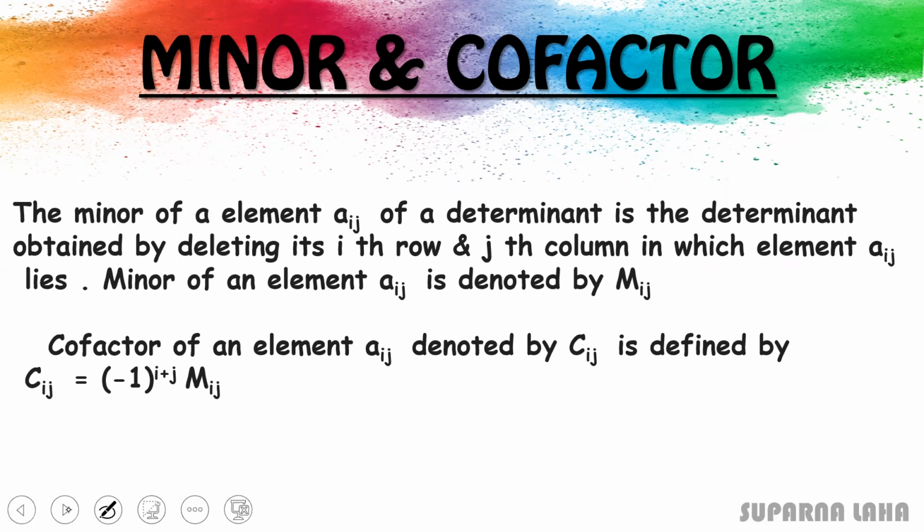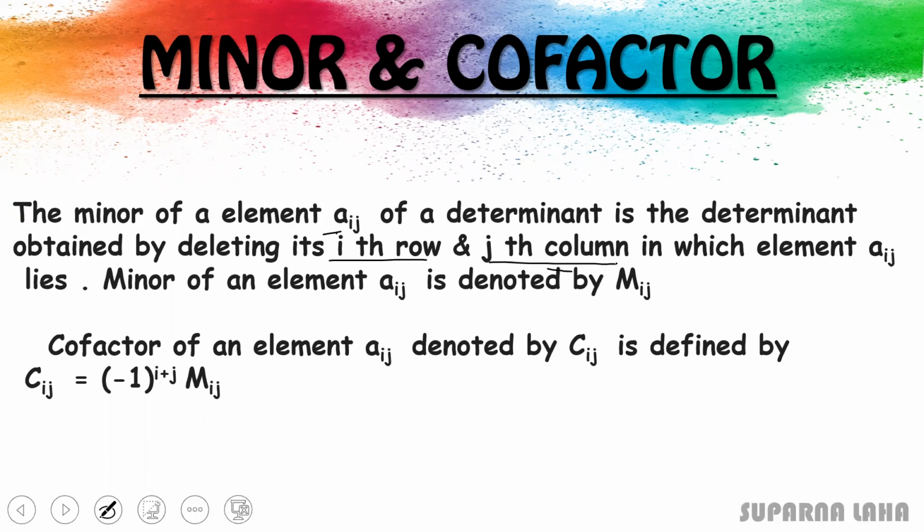So that means minors and cofactors, we need to find them with respect to each and every element aij. The minor of the element aij will be given by the determinant obtained by eliminating the ith row and jth column.